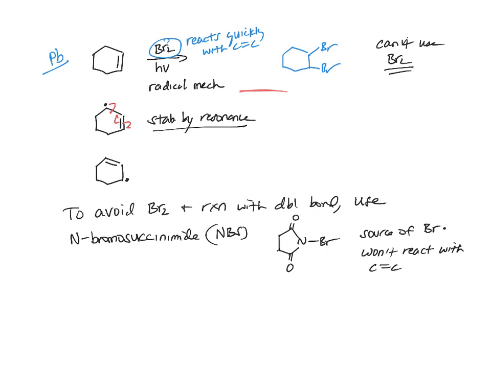The difference now, though, is you take NBS. This is the mechanism. Take NBS, and we're going to shine light on it. So there's my double bond O, Br, and you do light or heat. And we're going to generate a radical.